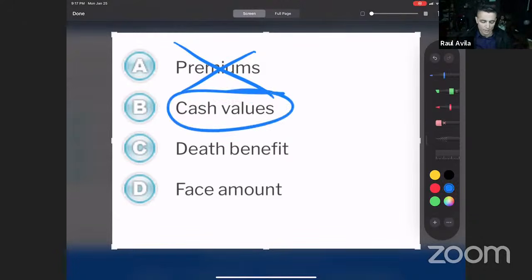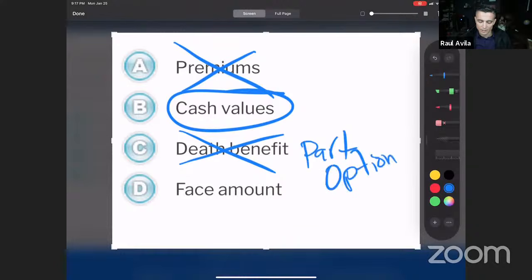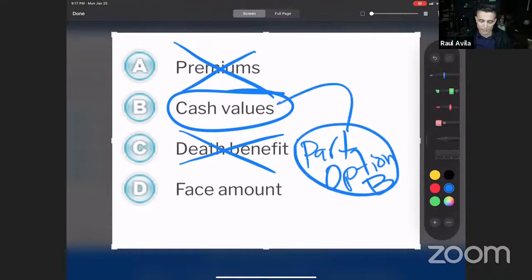Death benefit, no, the death benefit is not tied to an index, even though it's kind of tricky here, because if it's option B, then some of the death benefit is the cash value. But it didn't ask if some of it is.